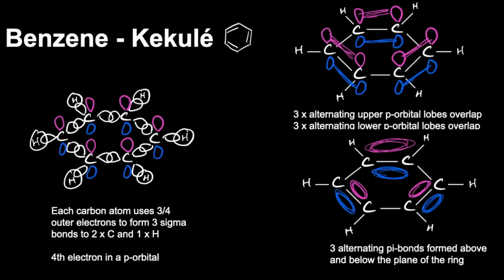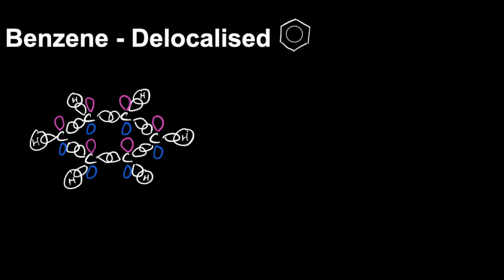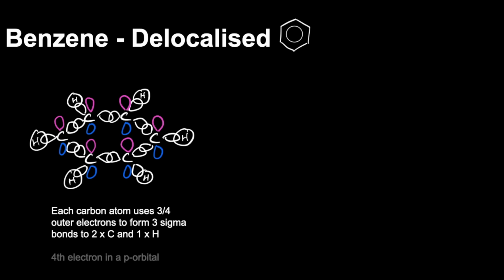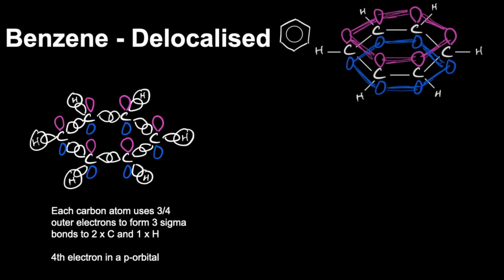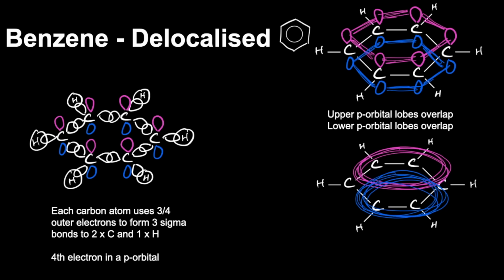We'll go on to the evidence that disproves this in a moment, but we'll first talk about the delocalized model. So that's this representation for benzene. Exactly the same thing to start with, so I won't bore you with that again. But what they found was that all of the p orbital lobes overlapped with each other. The upper lobes overlap, the lower lobes all overlap, and what that generates is that.